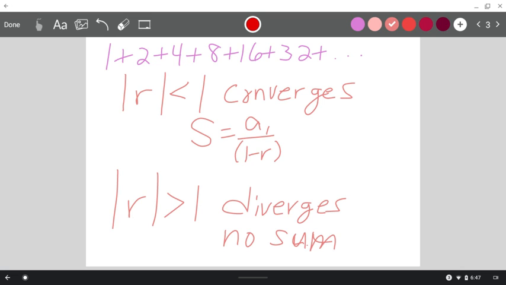So the series at the top here, 1 plus 2 plus 4, and so on, because r is equal to 2, and the absolute value of 2 is greater than 1, then I know that this one diverges, has no sum, it can't be calculated. So that's something we have to check for in every single one of these problems.